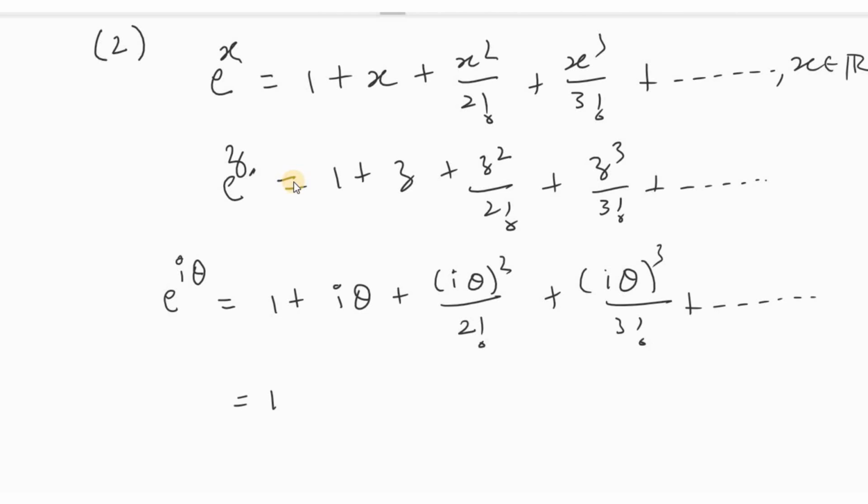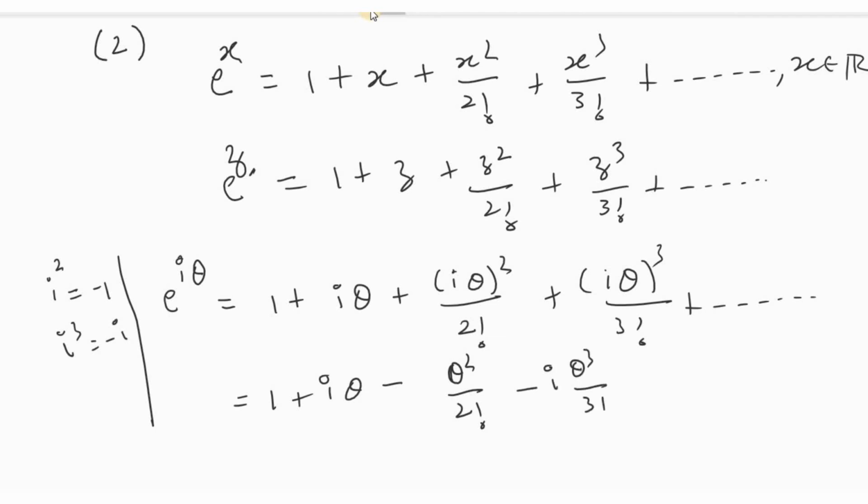Now the powers of i: i square will become minus 1, so this will become minus theta square upon 2 factorial. i cube becomes minus i, so this will be minus i theta cube upon 3 factorial. The next term will be i theta raised to 4 upon 4 factorial. i power 4 is 1, so it is plus theta raised to 4 upon 4 factorial.